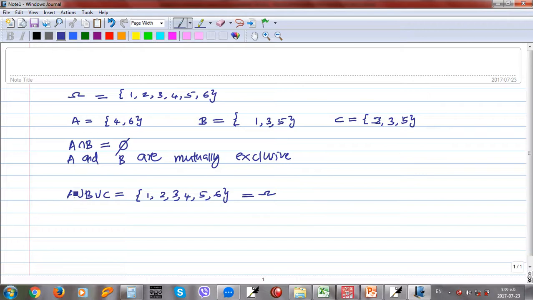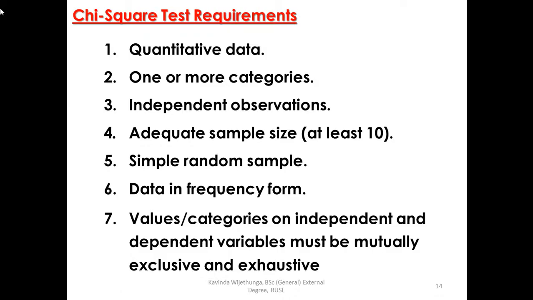So if A union B union C is equal to the sample space, we can say A, B and C are exhaustive. That is the meaning of mutually exclusive and exhaustive. The last requirement is that the variables should be mutually exclusive and exhaustive. Now you have the idea of what is mutually exclusive and what is exhaustive.